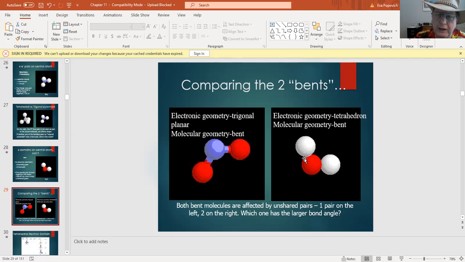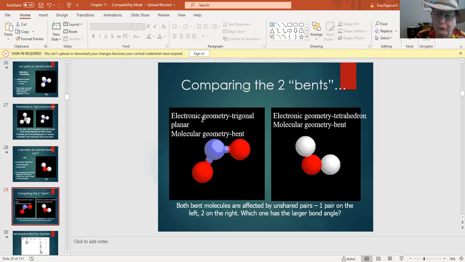So this has more lone pair power, pushing them closer together. The other reasoning is, what did this start out? What was the bond angle when this started out? I couldn't tell you. There are three things here.